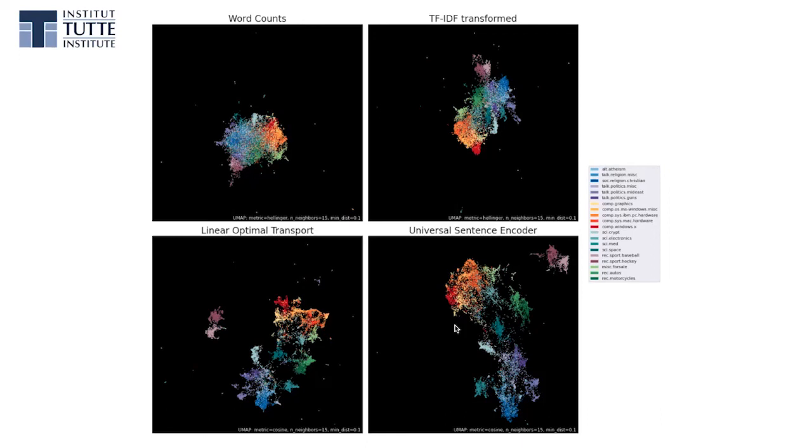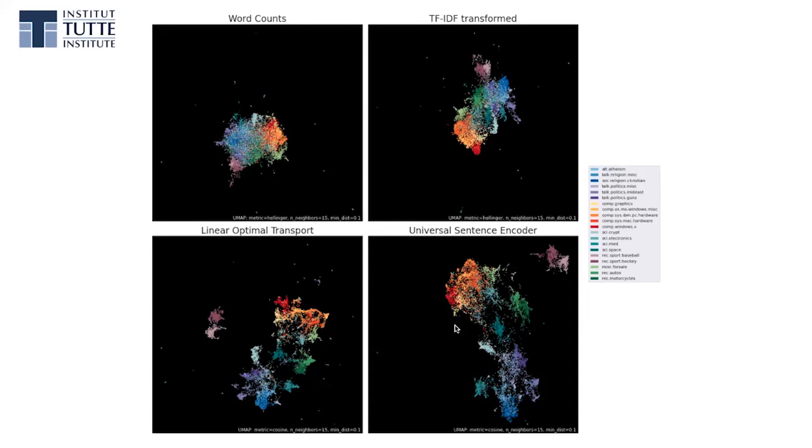And you can see why universal sentence encoder is, relatively speaking, very popular. Compared to TF-IDF, which was the best that people had for a long time, it's far, far better at separating everything out and demonstrating much clearer categories and resolving a lot of finer structure.